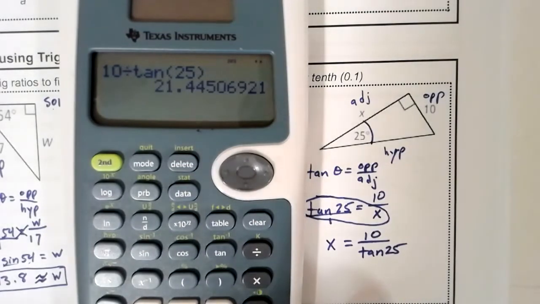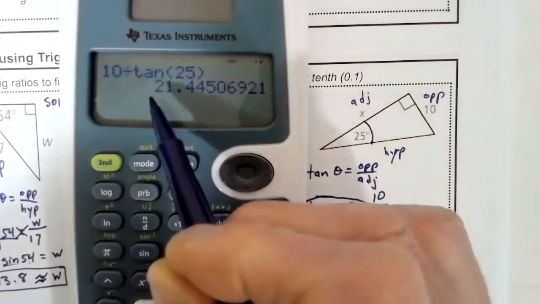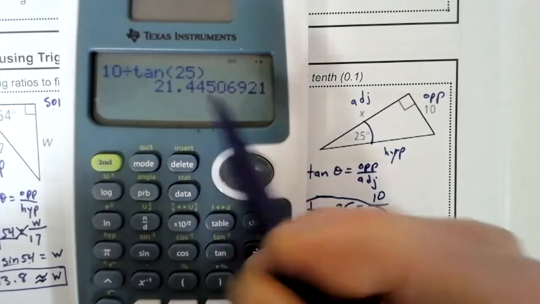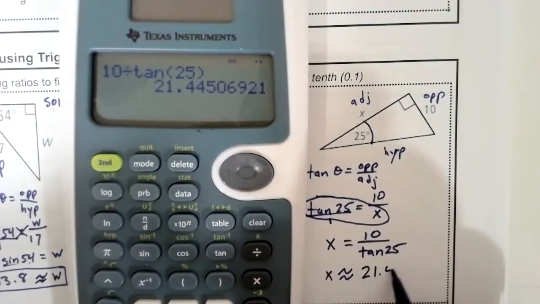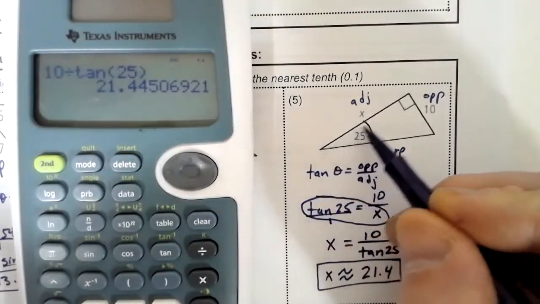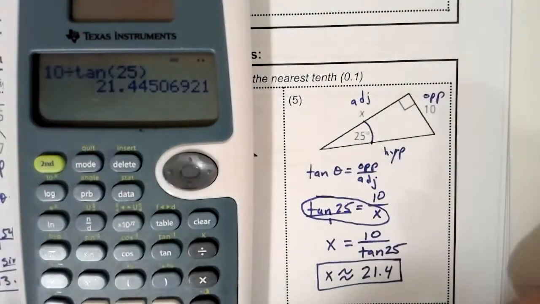I hit enter. What that means now is that x is approximately 21.4. This 4 is less than 5, so the 4 over here stays the same. I check for reasonableness. If this side is 10, this adjacent side looks a lot longer, so 21.4. Yeah, that makes sense.